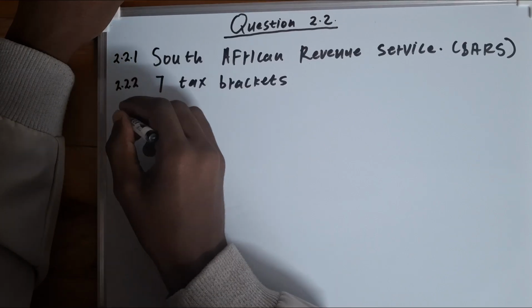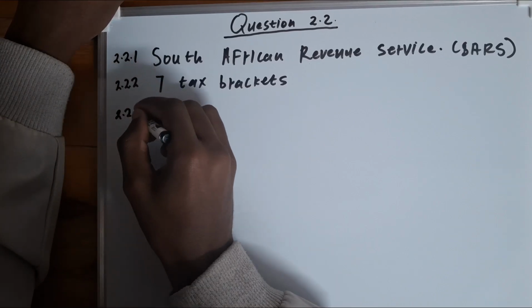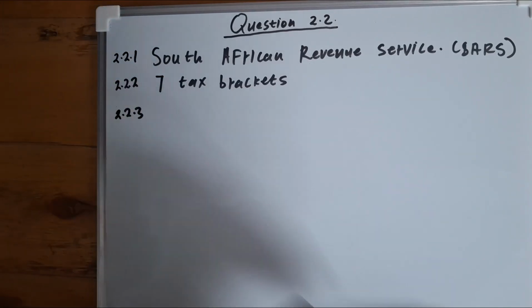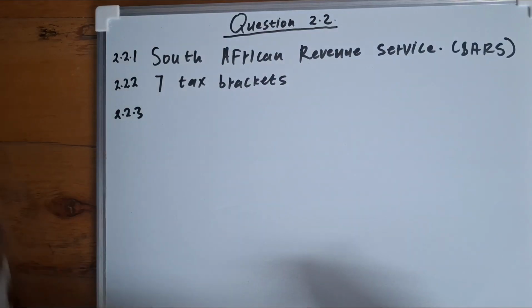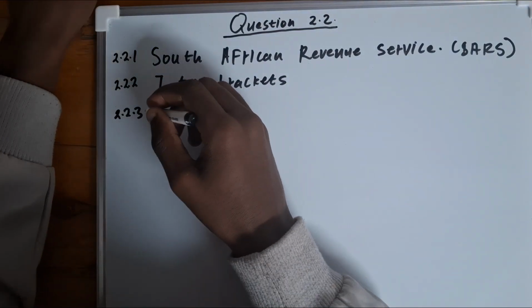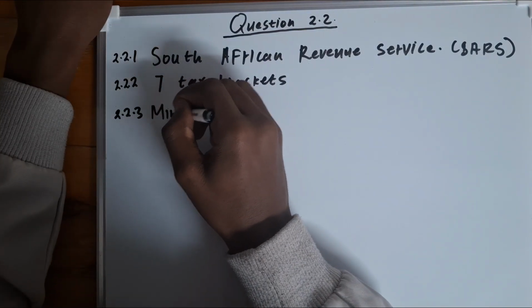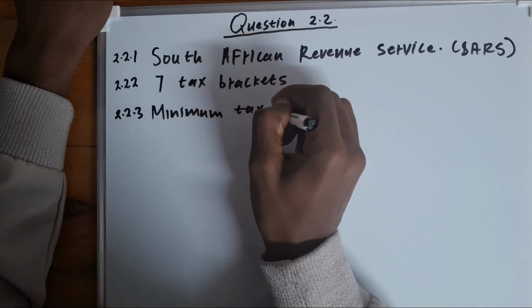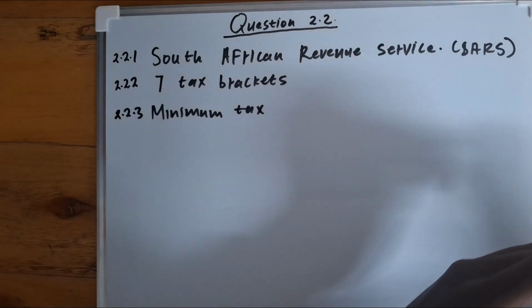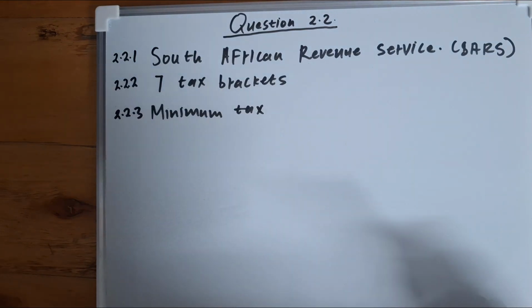So to move to question 2.2.3, which says, show by means of calculations how the minimum amount of 77,362 charged from one of the tax brackets is calculated. This question just wants us to calculate the minimum tax, which is what I've been telling you that we calculated according to the previous tax bracket.